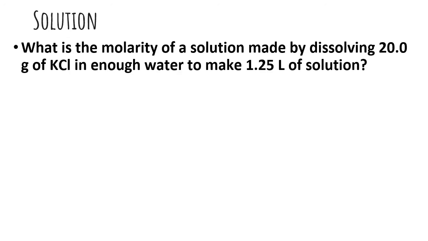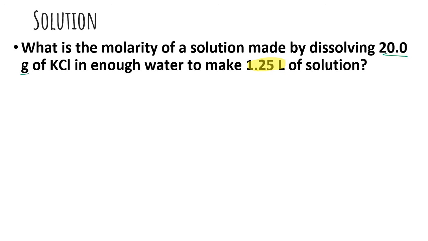So if we were looking to calculate molarity, it says, what is the molarity of a solution made by dissolving 20 grams in enough water to make 1.25 liters of solution? So remember, in order to do molarity, we need moles and we need liters. Well, here we have liters, but the problem is here we have grams.